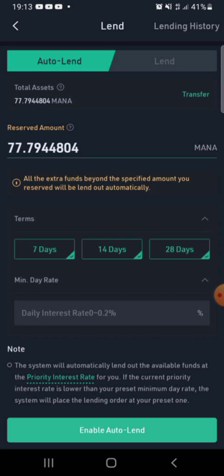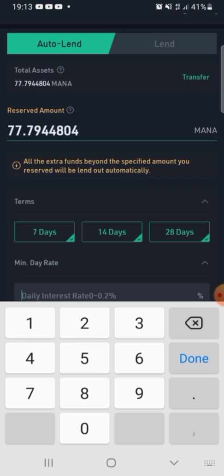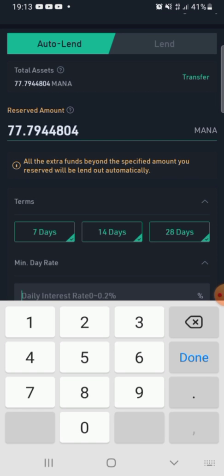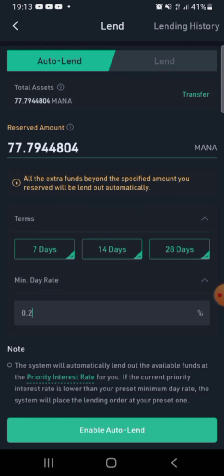And then for the daily interest rate, we can choose between 0 and 0.2%. I think I will go with the highest, just to see how this will go. This is my first time doing this, guys. And note, the system will automatically lend out the available funds at the priority interest rate for you.